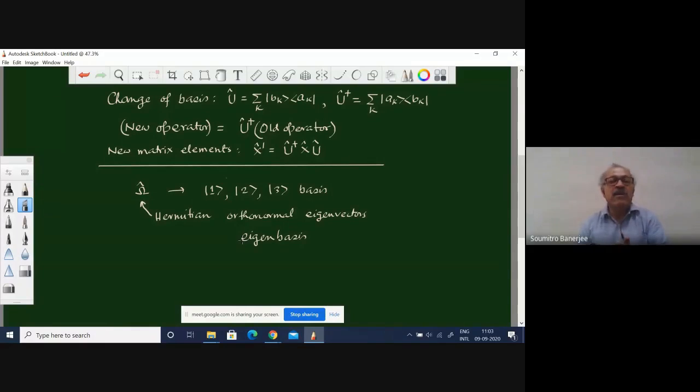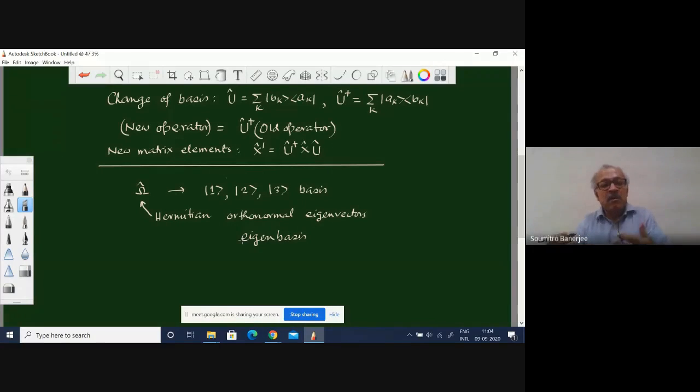It will be very convenient to work with that kind of matrices, and so we often change depending on what we want to observe. If we want to observe energy, then we express the function in terms of the energy eigenbasis. If we want to observe position, we express it in the position eigenbasis, and how to do that, I'll come to later.